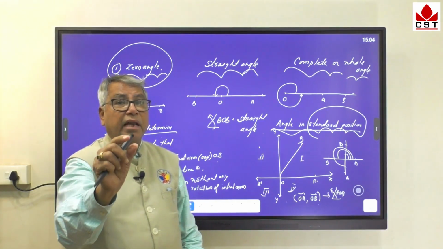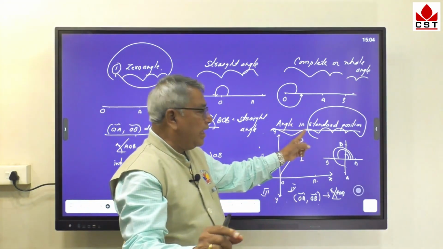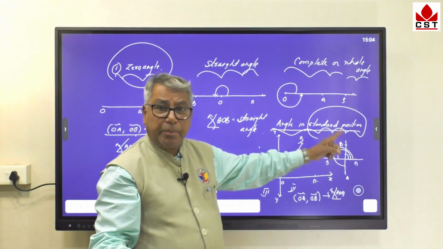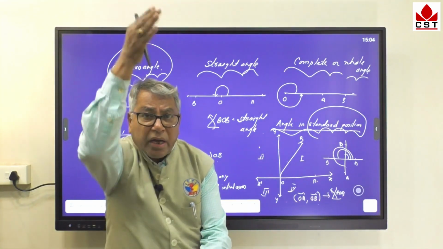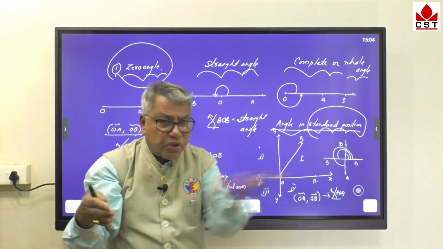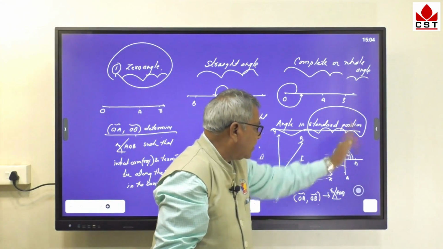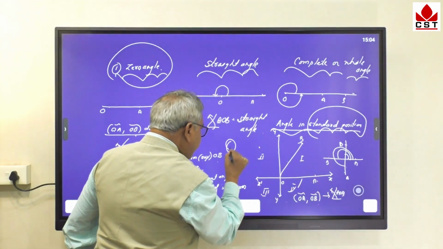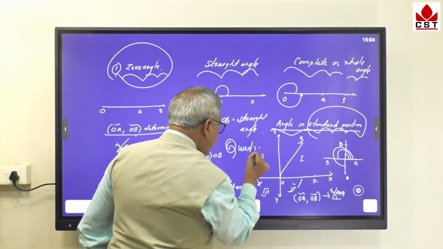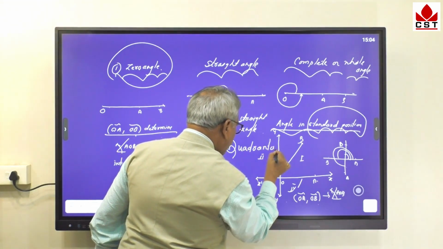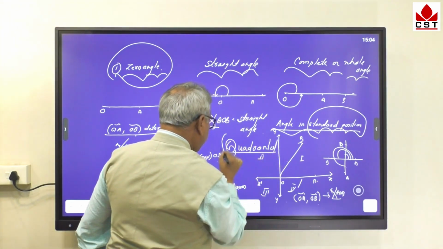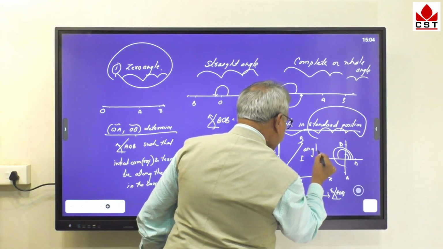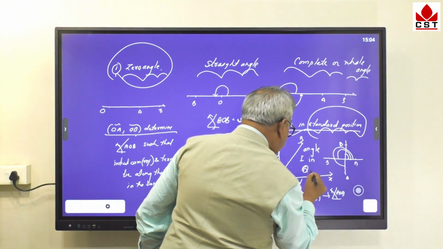If the terminal arm of angle in standard position lies along any axis, the angle is called quadrantal angle. And here, angle in quadrant.